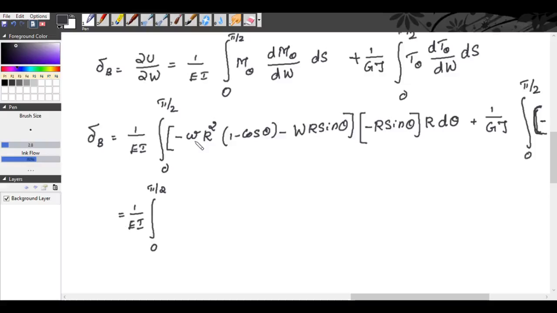We will take, we get minus W R square, minus W R square. So plus r into sin theta.